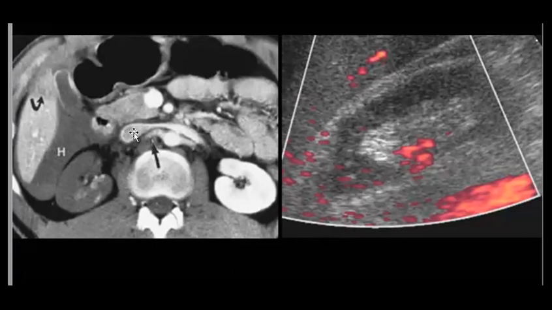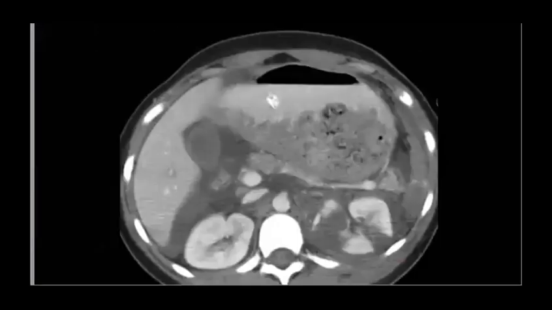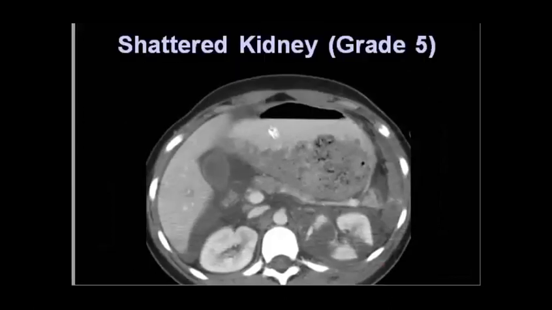The renal artery is involved in the trauma, and as you see, the kidney enhancement is gone. There is no renal enhancement, and this is what is called pedicle injury, grade 5. Perfect. And this is grade 5 again, shattered kidney.